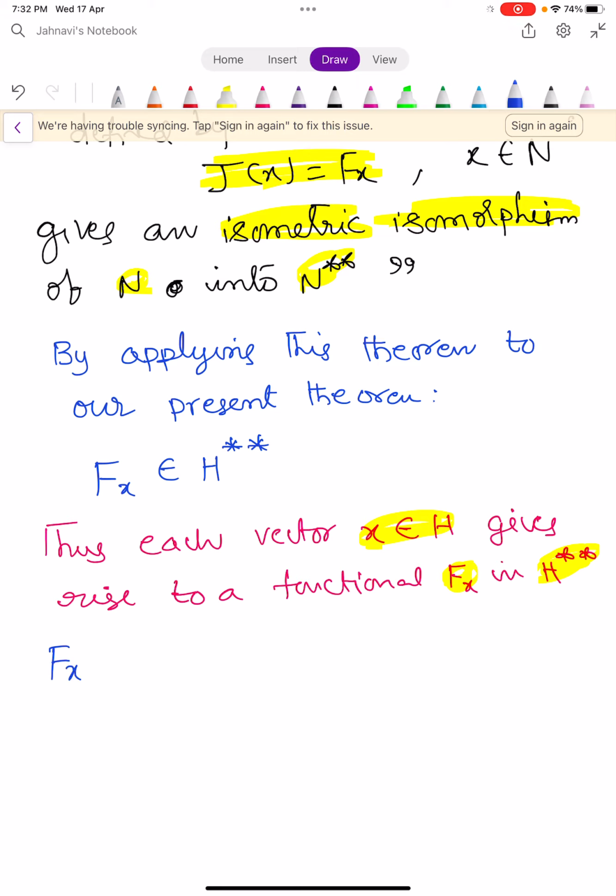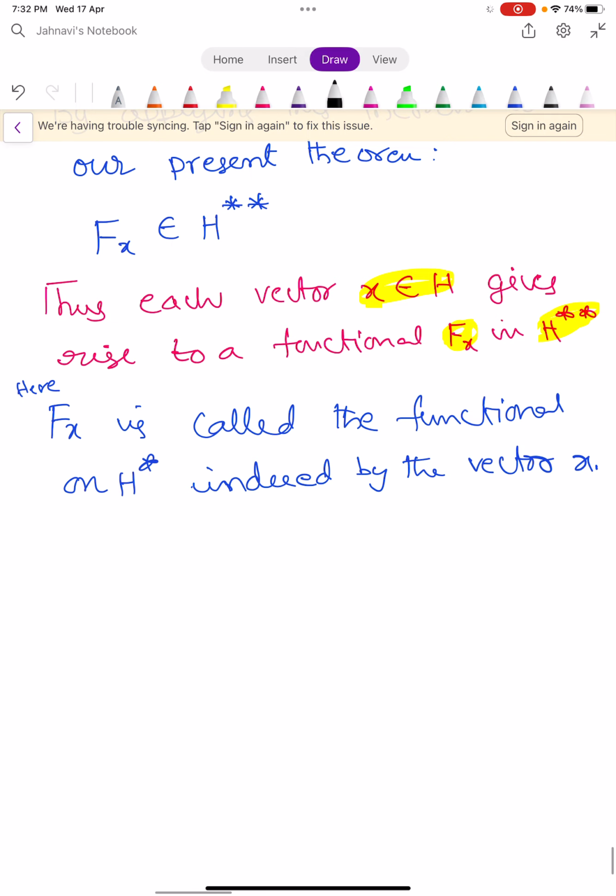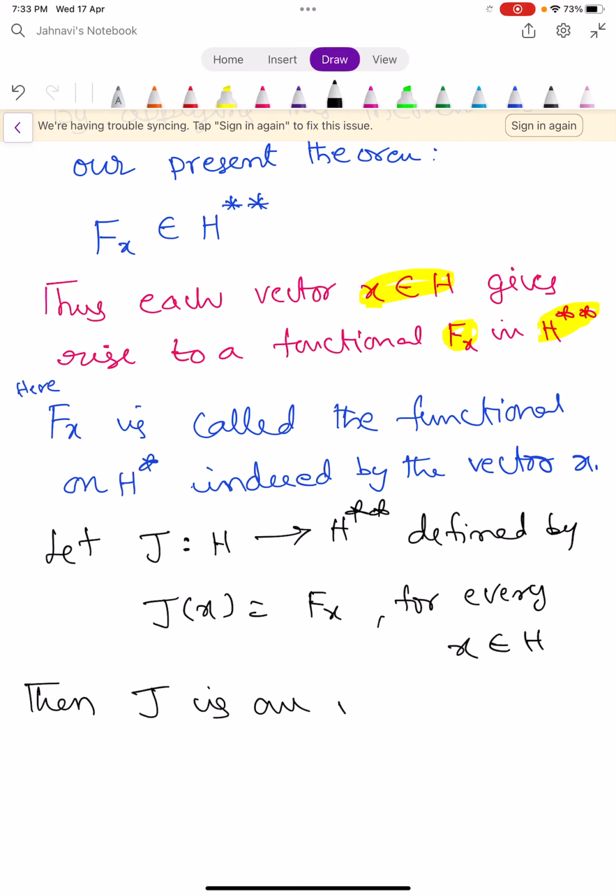Also, by applying the same theorem here, there is a mapping J that maps from H into H double star, defined by J of x is equal to Fx for every x belonging to capital H. Then this J is an isometric isomorphism of capital H into H double star.